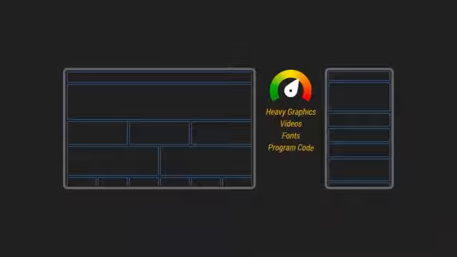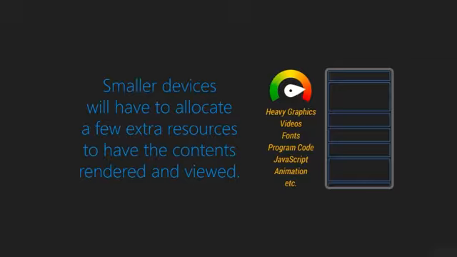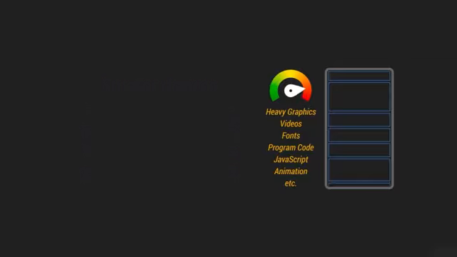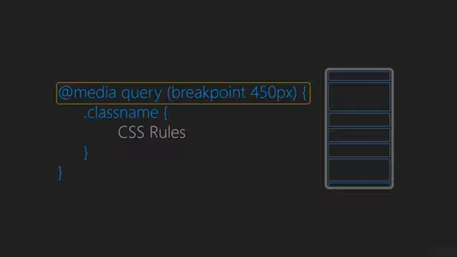Consider this example where a site contains heavy content like HD images or videos, etc. When they are to be viewed on a small screen device, that device will have to allocate a few extra resources to have the content rendered and viewed. So in some cases, that content is skipped when rendered on small screen devices to save resources in order for the device to work smoothly. This is where the media query comes into the picture.